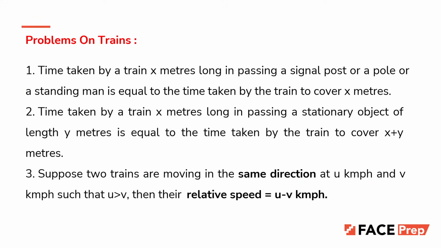Now let's go with the next part, problems on trains. So here you may get two different kinds of data, whether it can be a relative speed or an effective speed. You don't need to bother about whether it is relative or effective speed. They'll give you two different data: one is a stationary item and the other one is a moving object.